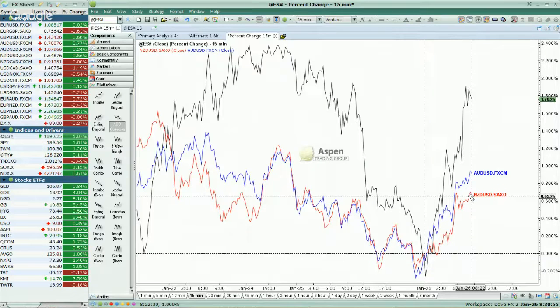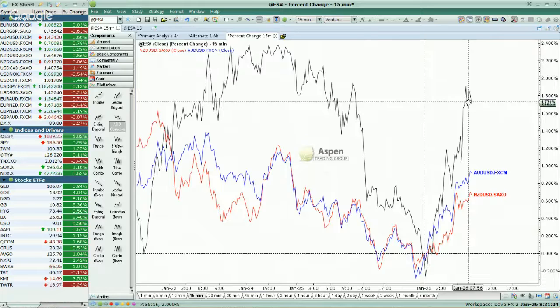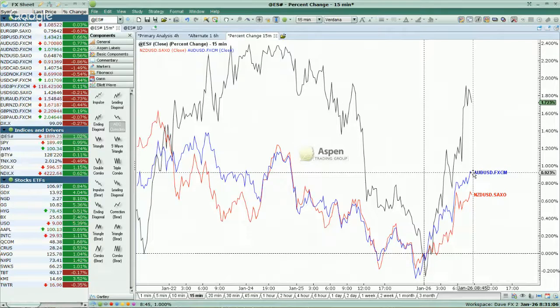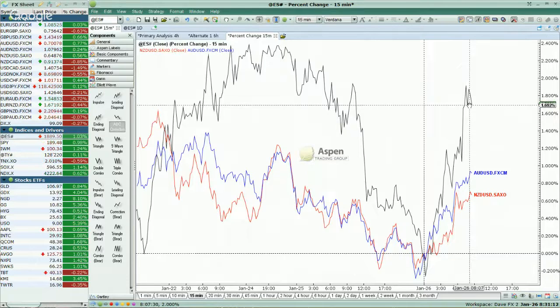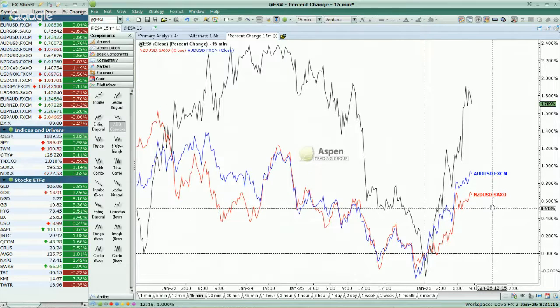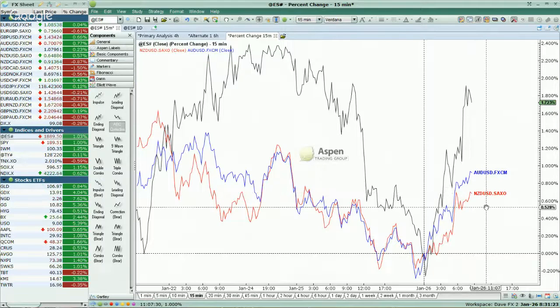Again, this is an assumption. This is not a fact. But all other things being equal, if Kiwi dollar's not keeping pace, and again, nor is the Australian dollar, if they're not keeping pace with the rally in the S&P, don't you think it's a safe assumption that when the S&Ps actually start to sell off, these would in fact be weaker, especially the Kiwi dollar?